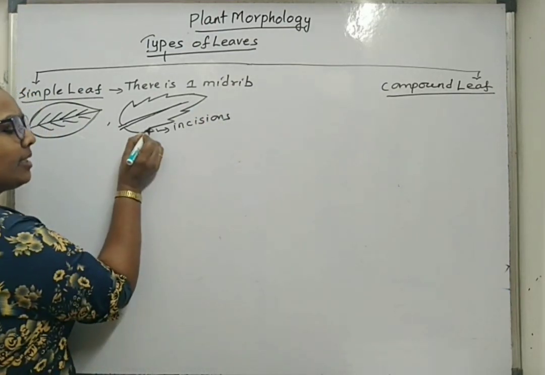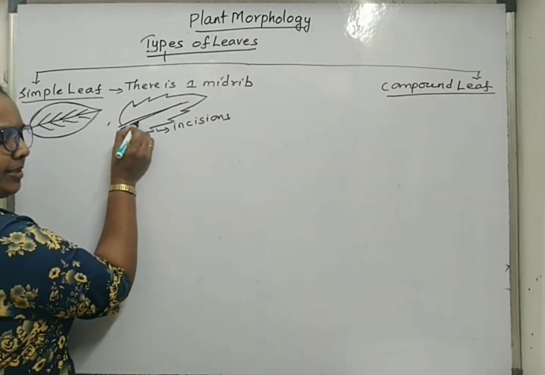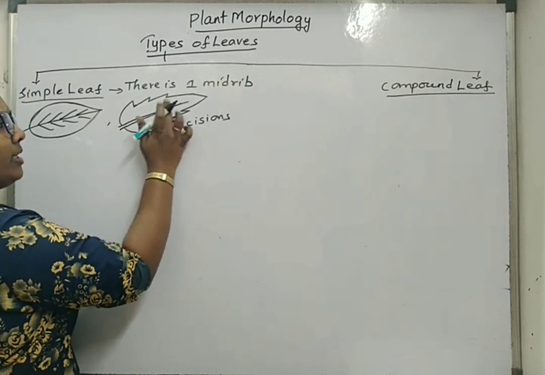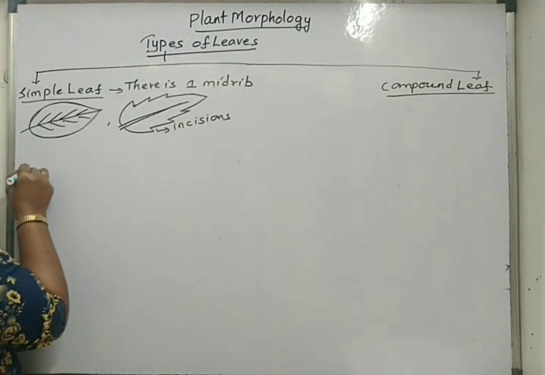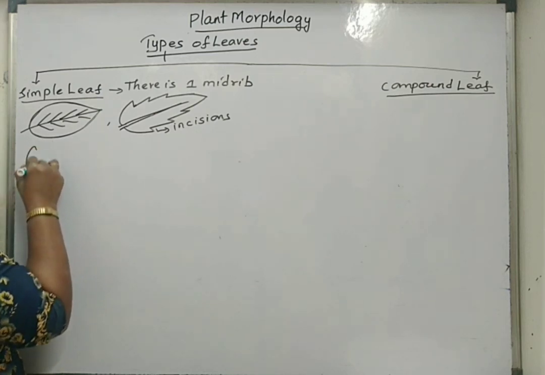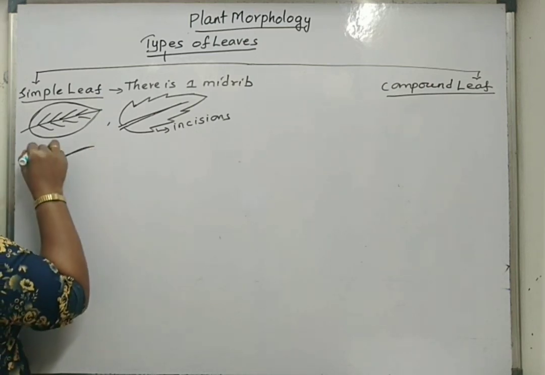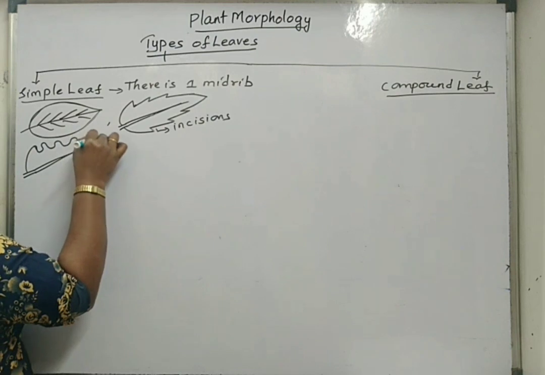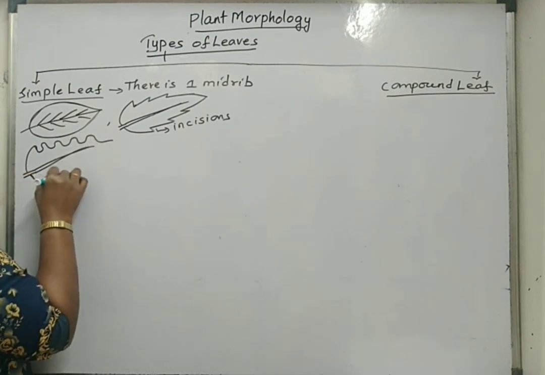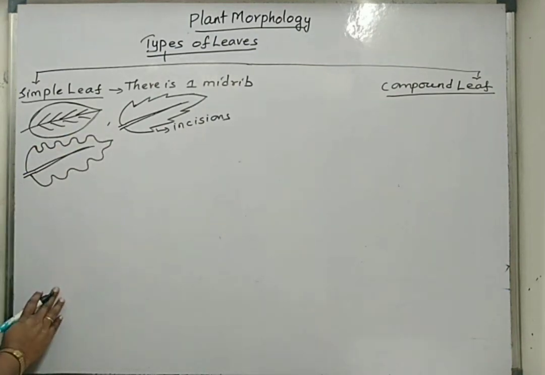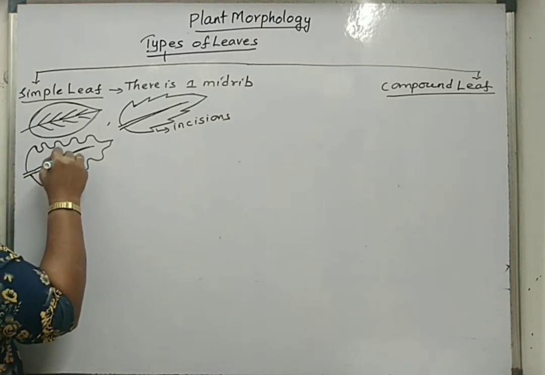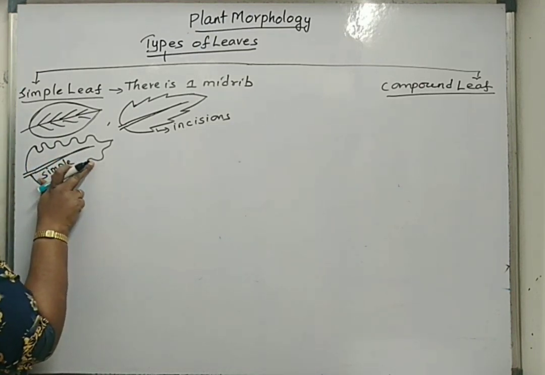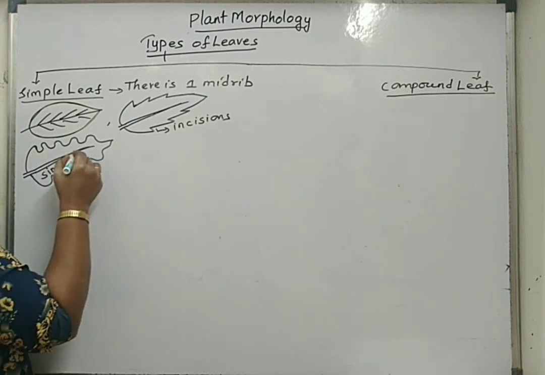Here we can see this incision did not touch this midrib. So, all this inner lamina appears as single. Other types of leaves are there. If this is the midrib, like this also, it is not cut, but there is some depression. Still, such types of leaves are simple leaves because this bent part did not touch the midrib.